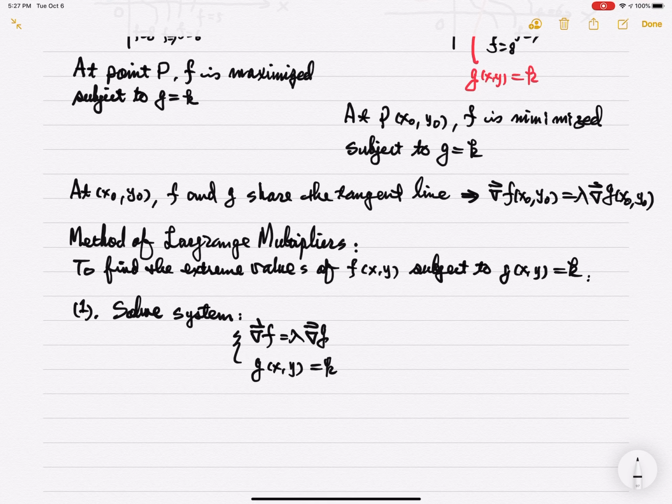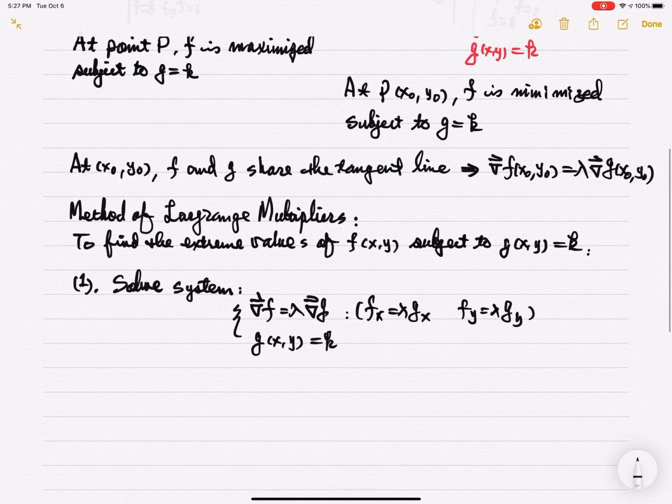Now remember this part, if you have two variables, you have two equations: f sub x equal to lambda g sub x, and then f sub y equal to lambda g sub y, because the corresponding components of the gradient vectors must be the same.